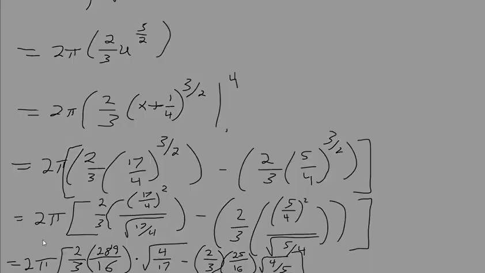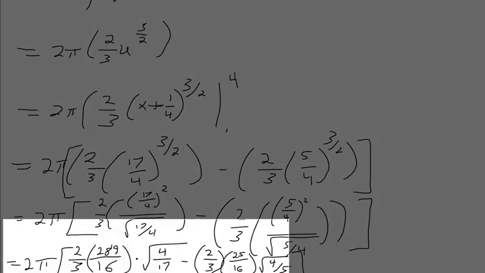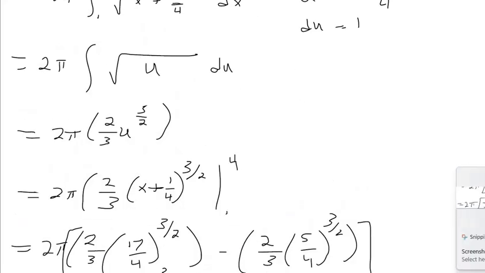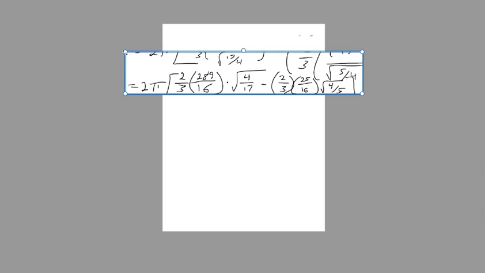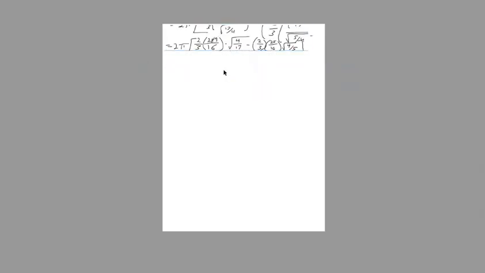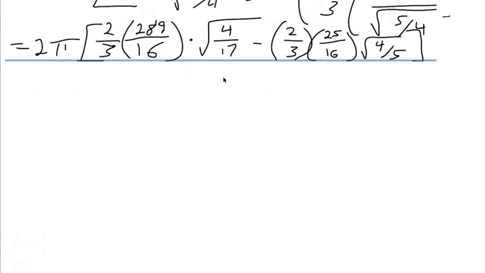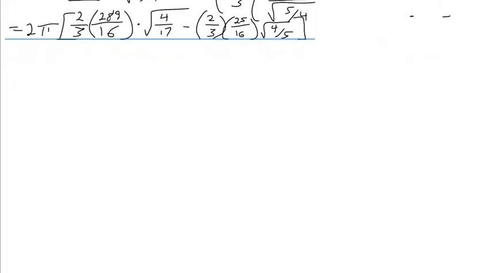And I run out of whiteboard. Okay, so simplifying a bit more, it's 2 pi, and then this is the square root of 4 times the square root of 17.